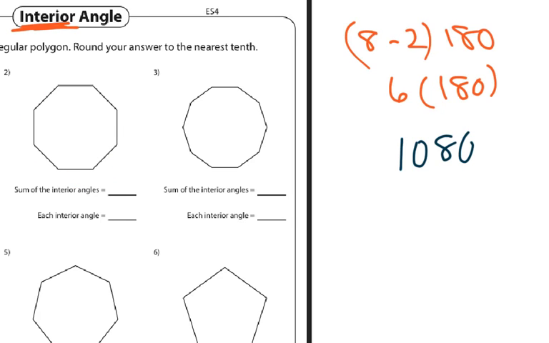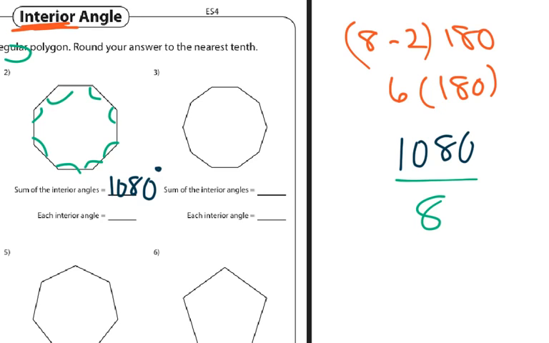And the first question they ask me is, how much do all of the angles add up to be? And that is my 1,080 answer. And then they say, if that's true, how much would each angle be then? Then that's when you say, well, if they all add up to 1,080 and there's 8 of them, and all 8 of them are the same answer, then you take 1,080 and divide it by 8, because there's 8 angles that are all the same measure, because they're regular polygons.